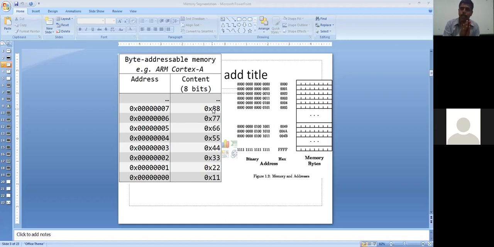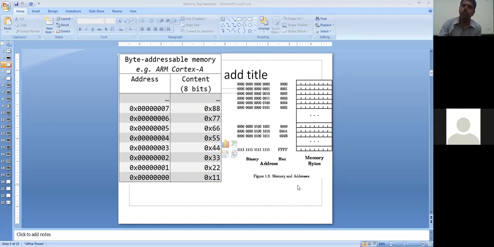What is the maximum operand size that we can operate on at a given point of time? That is called the word length, and you call the processor an n-bit processor based on that word length.